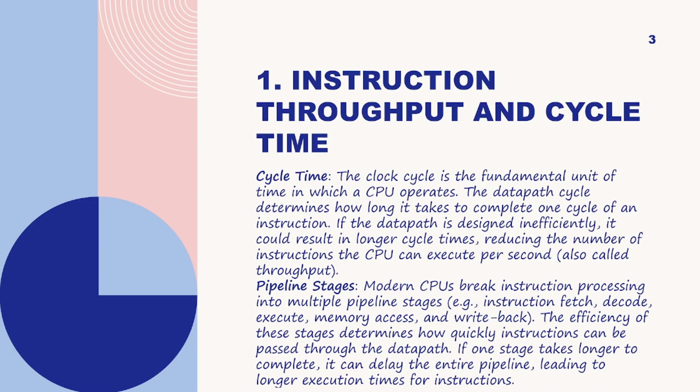Alright, so first of all, we have the instruction throughput and cycle time. The cycle time is the clock cycle, the fundamental unit of time in which the CPU operates.